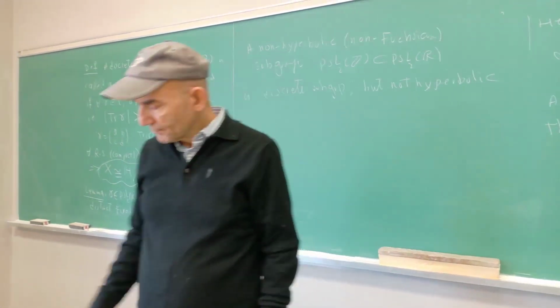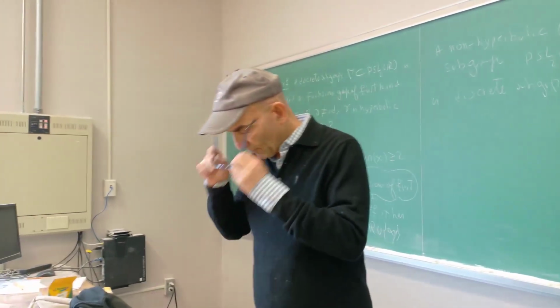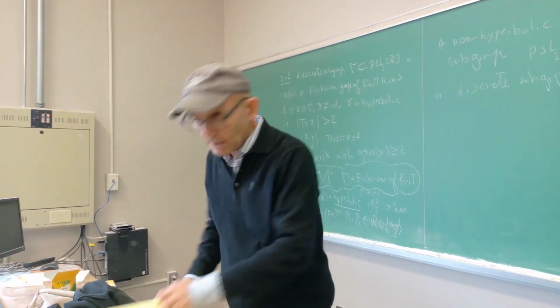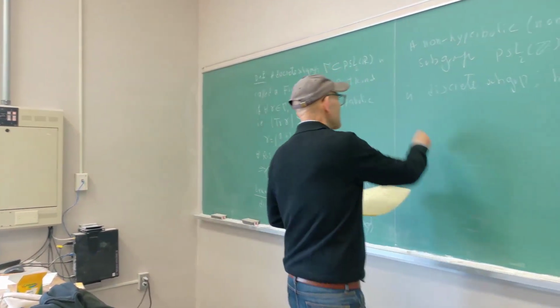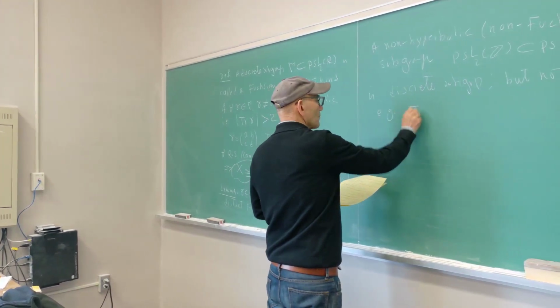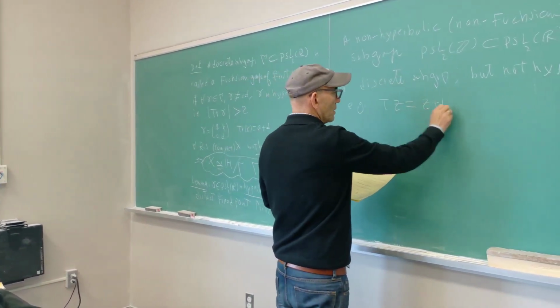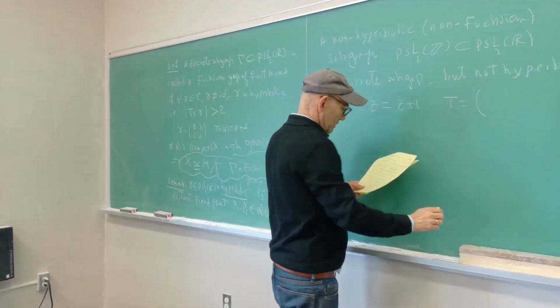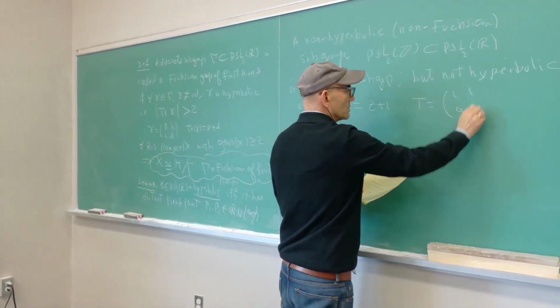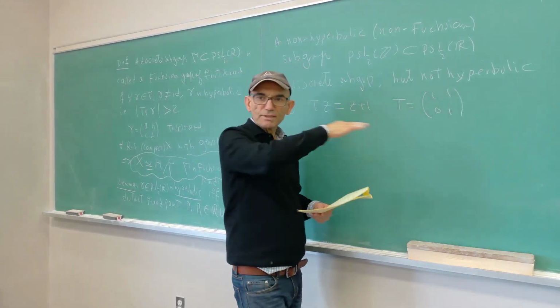In fact, you can construct elements. For example, let's look at this element, T of Z equal to Z plus 1. So T is this matrix, 1, 1, 0, 1. So it's a translation.